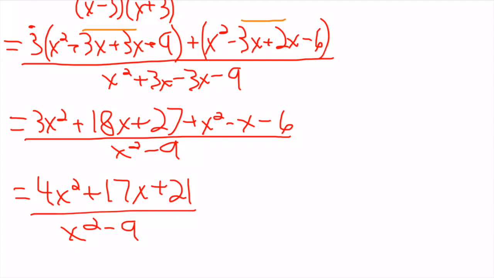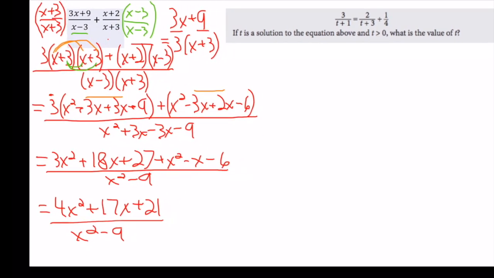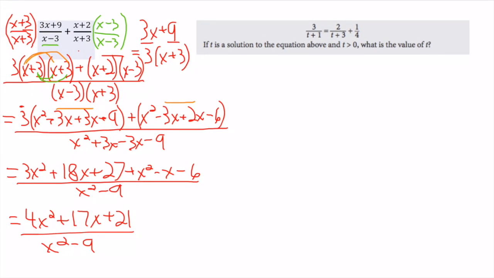So for this equation, I am done. It feels like a lot of work, but as long as we're staying organized, keeping track of what we're doing, it's all work that we are comfortable with.